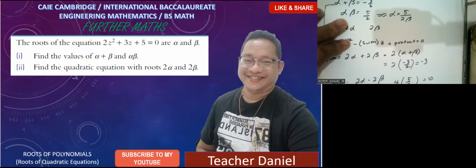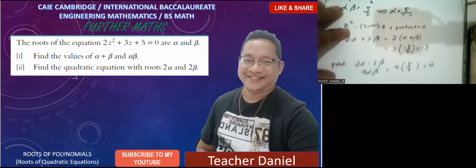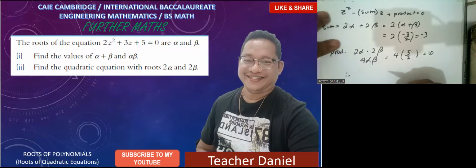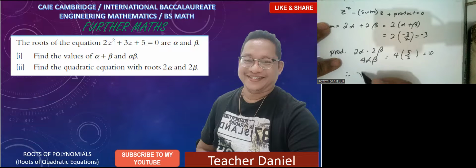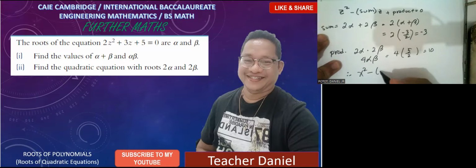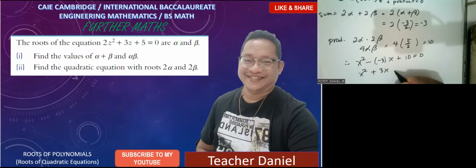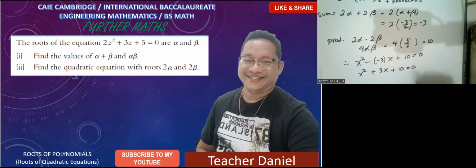So therefore, the new equation is x squared minus the sum. And what's the sum? Minus 3. Minus 3x plus the product, which is 10, equals 0. Then we can simplify this, and it will give us x squared plus 3x plus 10 equals 0.